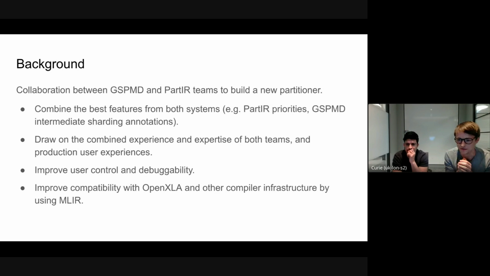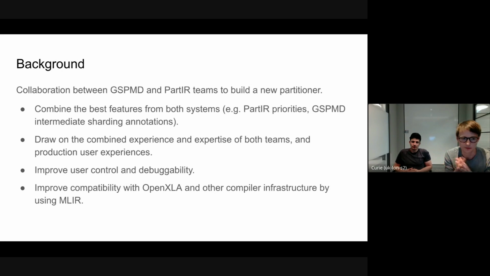If you Google for it, you should find a bunch of published papers. The idea is to bring the best of those two projects together in terms of features. For example, in PartIR we had priorities, which give users a lot of control over how their shardings are propagated. So with very minimal sharding annotations, you can get the partitioning that you want.